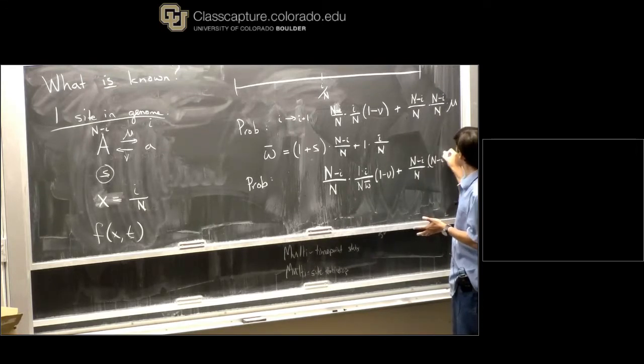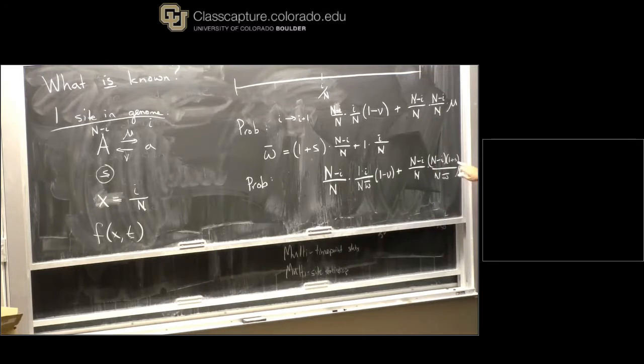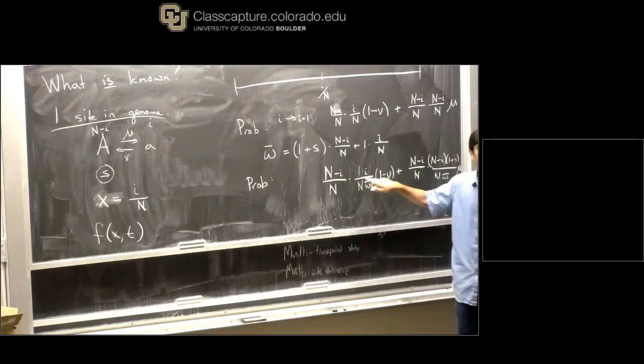This is just weighting individuals: I've weighted individuals by 1 plus S if they're type big A and by 1 if they're type little a.